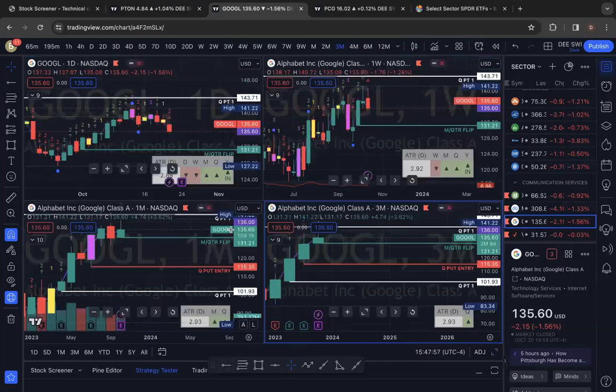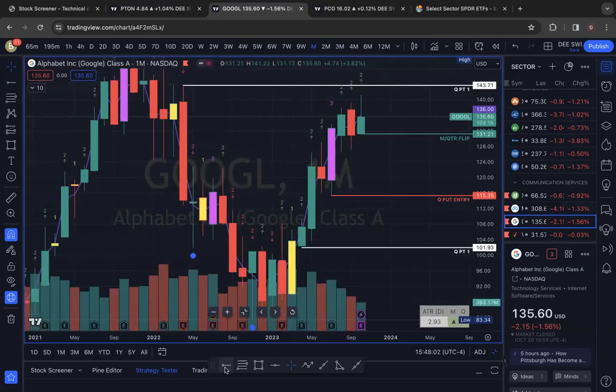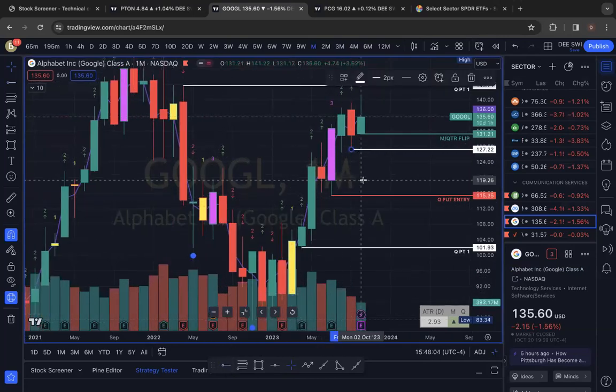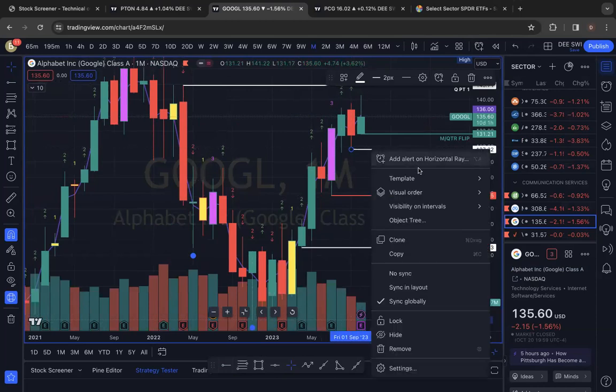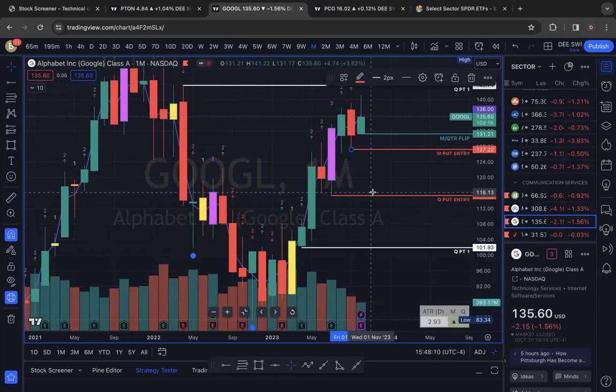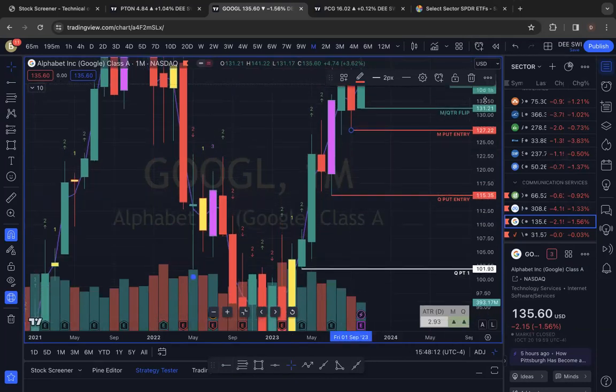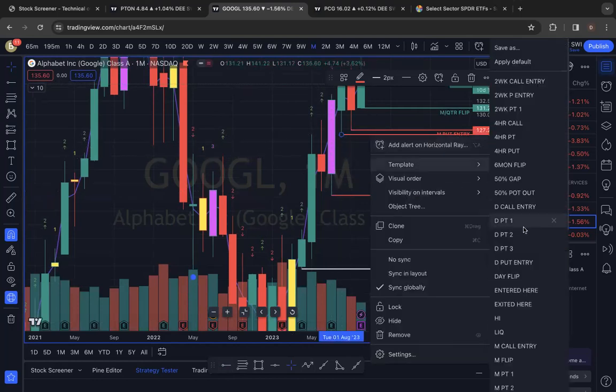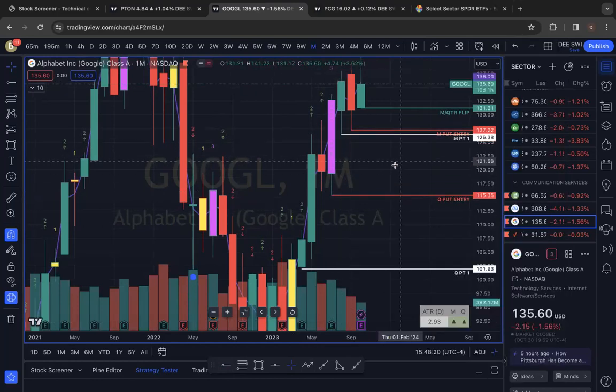Okay. Same thing on the month. This would be the month's price target. I mean, the month's put entry to go outside. Month put. And this would be the month's PT1. Month PT1.